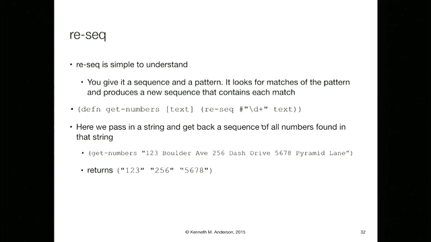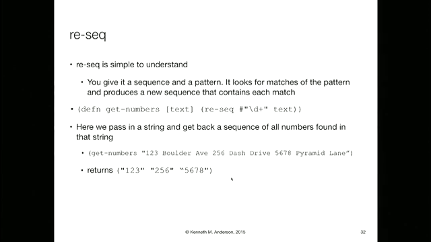So this pattern is look in the string for instances of 1 or more digits. So here, if I pass in get-numbers 123 Boulder Ave, 256 Dash Drive, 5678 Pyramid Lane, this pattern \d+ will find 123, 256, 5678. These are all sequences of 1 or more digits. And so what comes back is a sequence, a list, with those numbers in it.